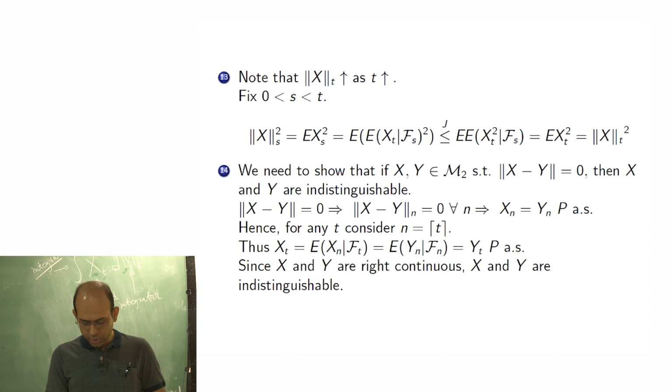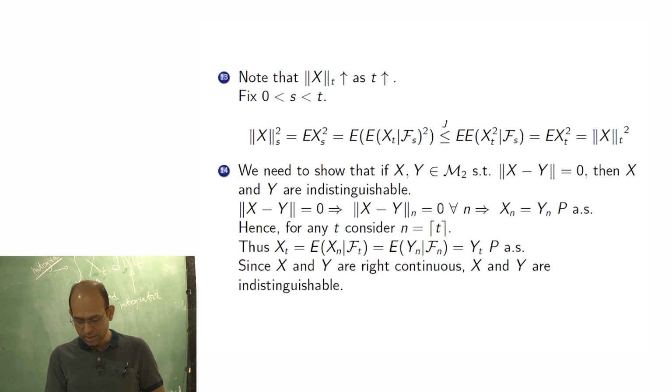Okay. So then what we do is that for a given t we consider n next to it, the smallest greater integer, the ceiling function of t. Thus x_t can be written as the conditional expectation of x_n given F_t, but x_n and y_n are equal almost surely.